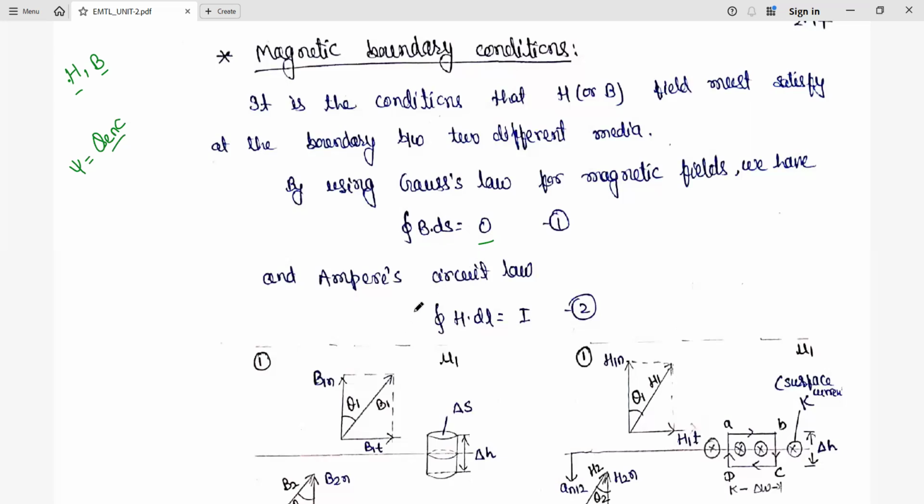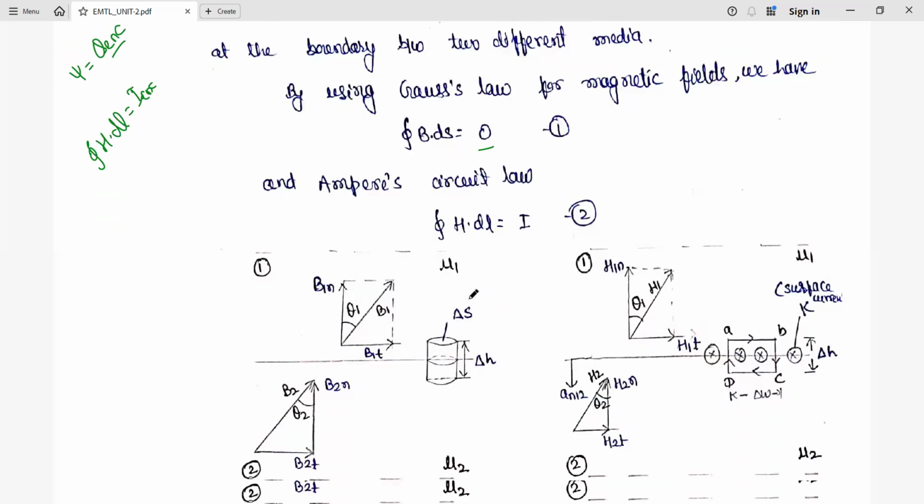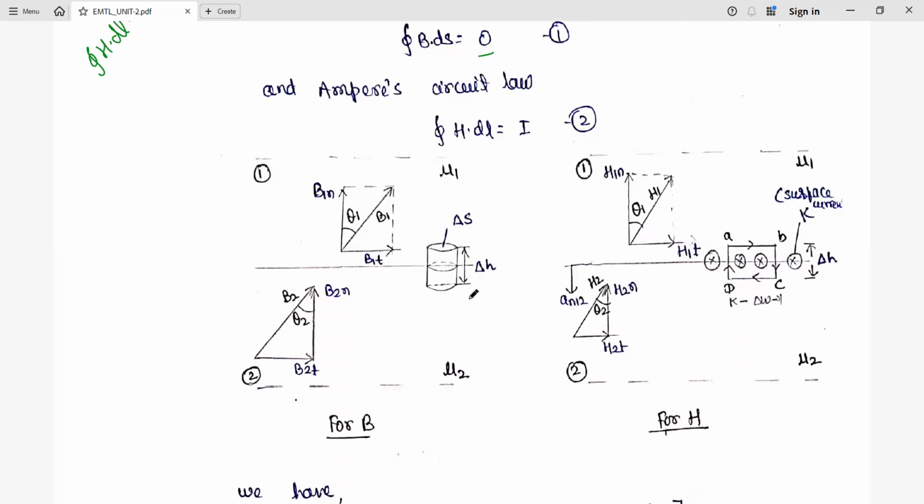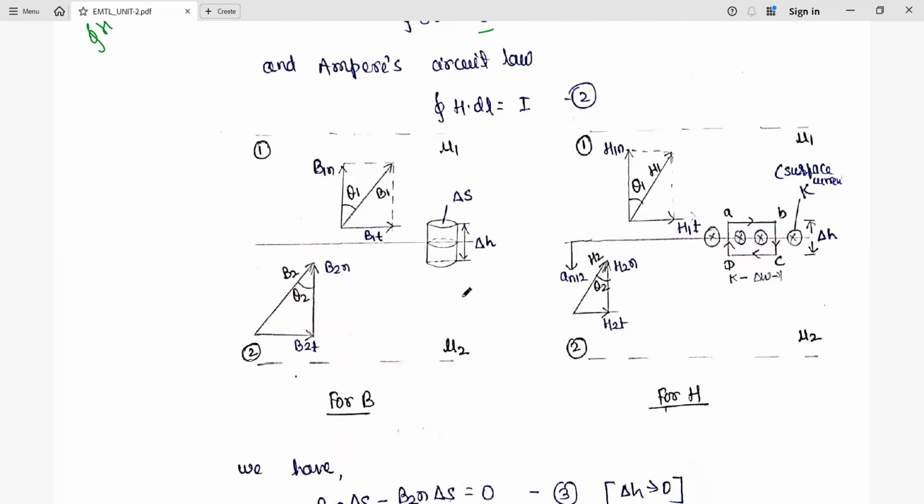Apart from this, we have Ampere's circuital law. By using Ampere's circuital law, the integral of the field intensity over the closed path is equal to the current enclosed. In the case of Ampere's circuital law, we have to consider the Amperian path. Now these two equations we are going to use here to understand the boundary condition.